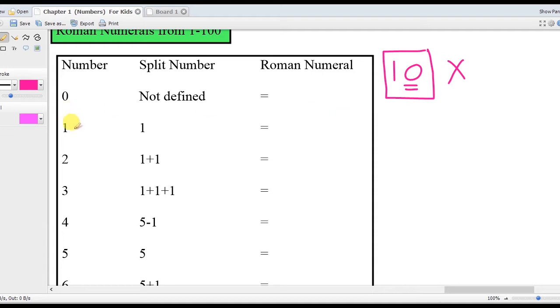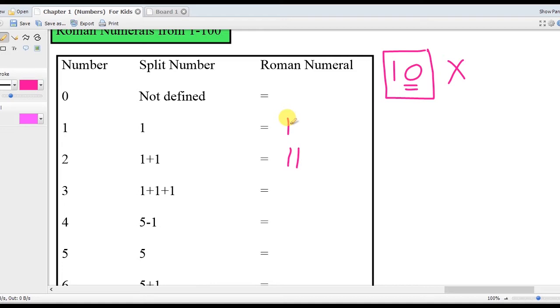Okay, so for number 1 we have already studied. For number 1 it is I. For number 2 we simply write II. See, basically what is 2? 2 is basically 1 plus 1, and we have already learned the Roman representation of number 1, which is this one.